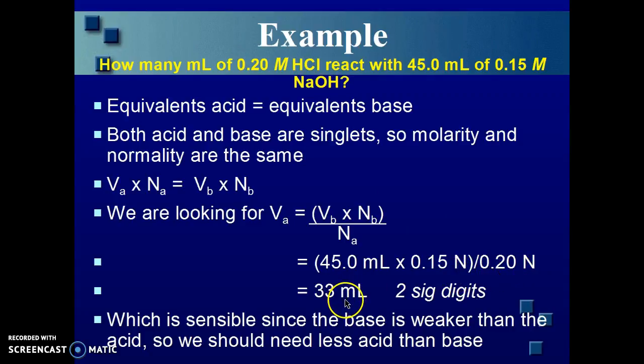When we do that, we get 33 milliliters, two significant digits because our molarities and normalities were of two sig digs, and now we've got a sensible answer. The base is weaker than the acid, so we should need less acid than we do base.